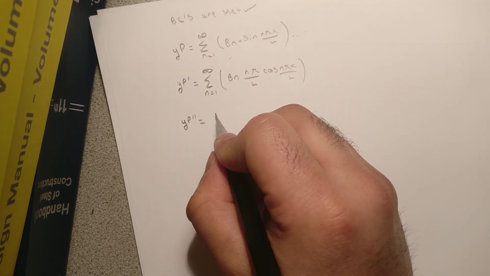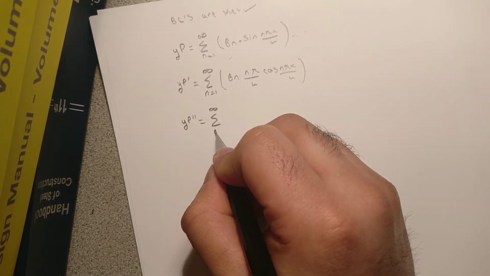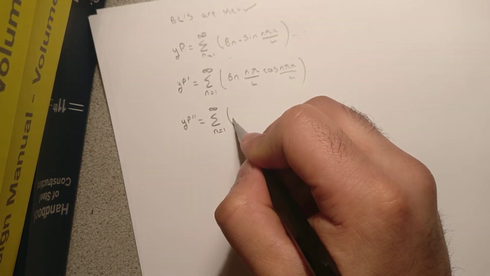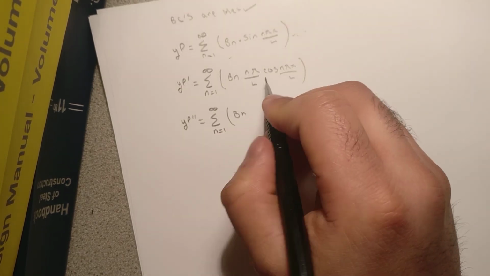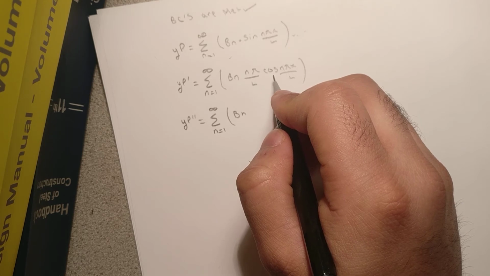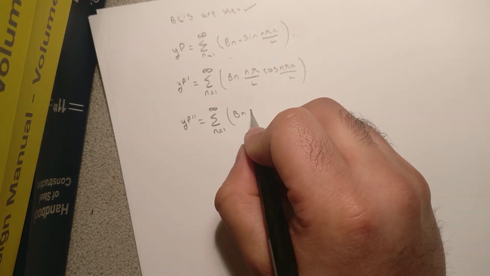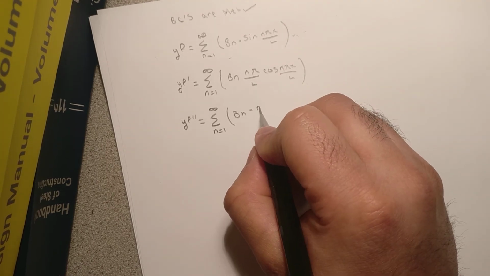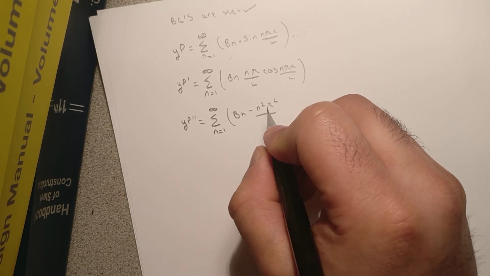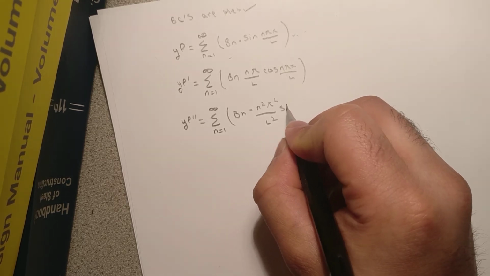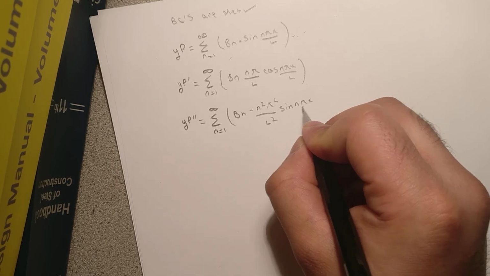Yp double prime equals summation infinity n equals 1 bn. The derivative of cosine is negative sine, so bring out the negative symbol. N squared pi squared over L squared sine n pi x over L.